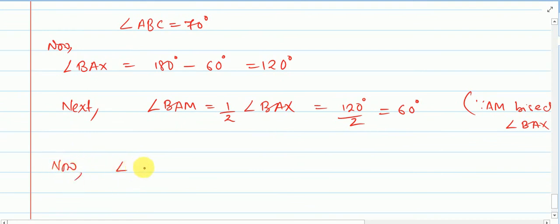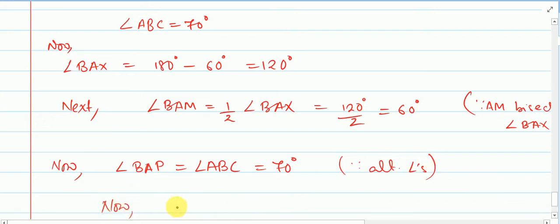Now angle BAP will be equal to angle ABC equal to 70 degree, alternate angles. Now angle MAP will be equal to angle BAP minus angle BAM.